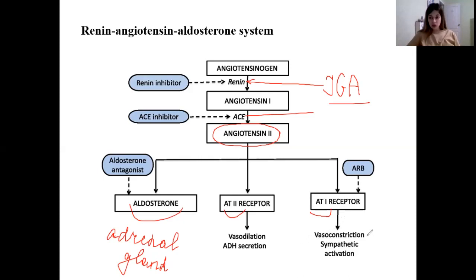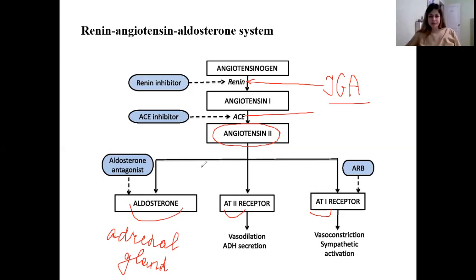This is vasoconstriction, which increases blood pressure. This is sympathetic activation, which also increases blood pressure, and also fibrosis of the myocardium can happen. In the second type of angiotensin receptors, we have the opposite effect, the vasodilation and antidiuretic hormone secretion.